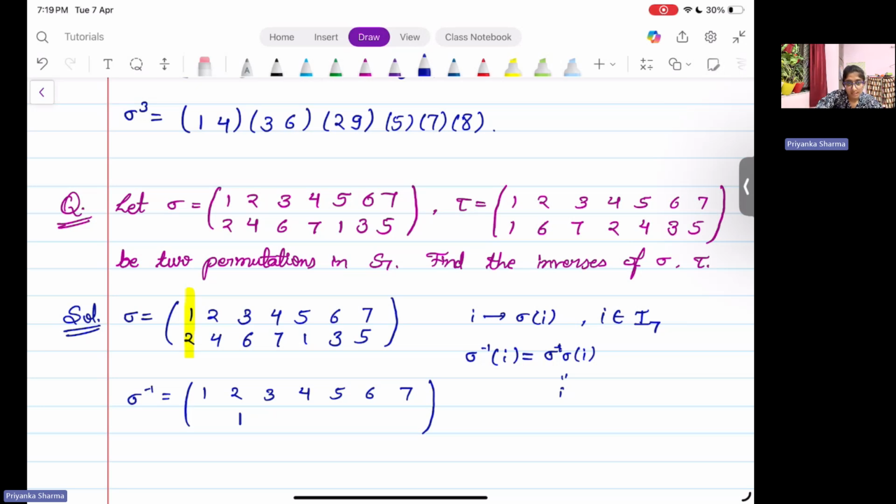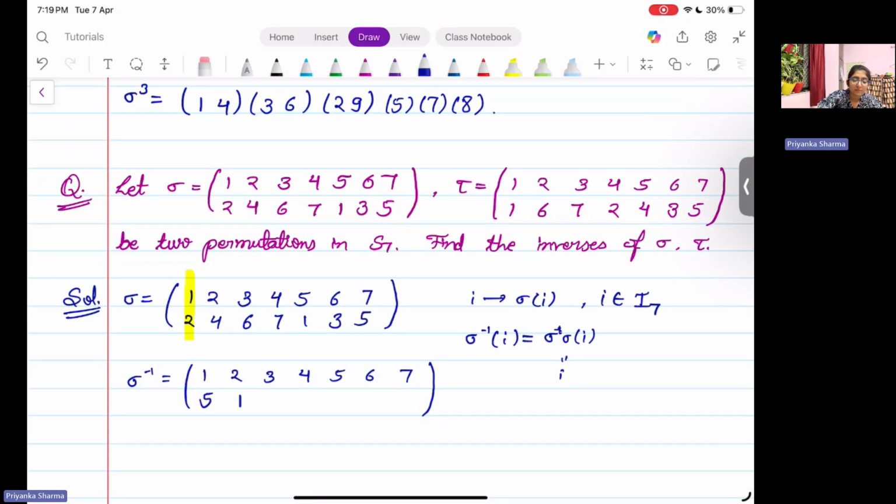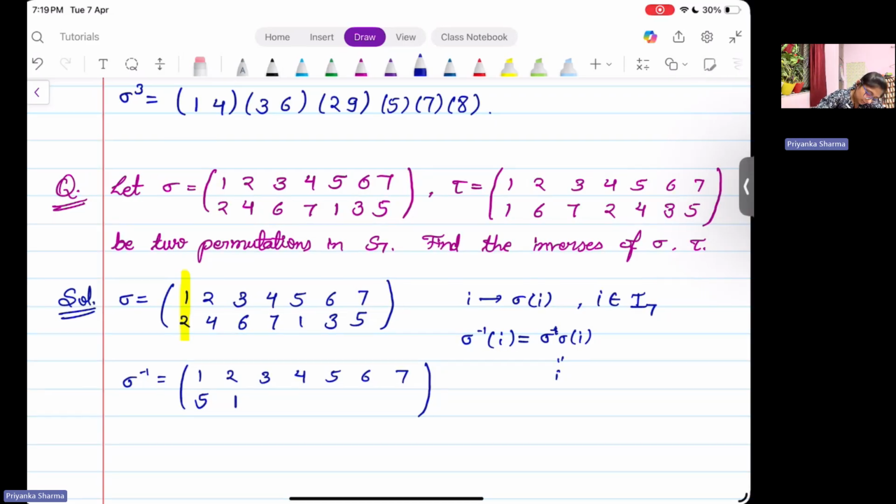And for sigma inverse, this will become the domain and this will become the codomain. So for 1 belonging to the domain, the image will be 5 under sigma inverse. Okay, so here we will write 5. Now, the image of 2 will be 1. The image of 3 will be 6.